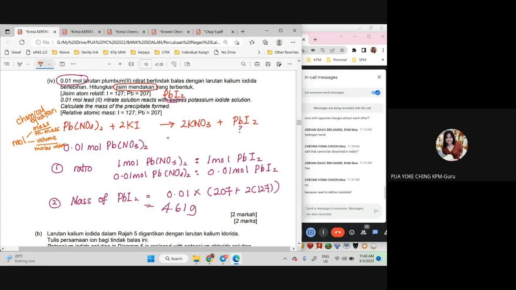And kena ingat ini volume ialah volume of gas. Kalau volume yang solution, that one we use MV per 1000. M ialah kepekatan, V adalah isi padu larutan.